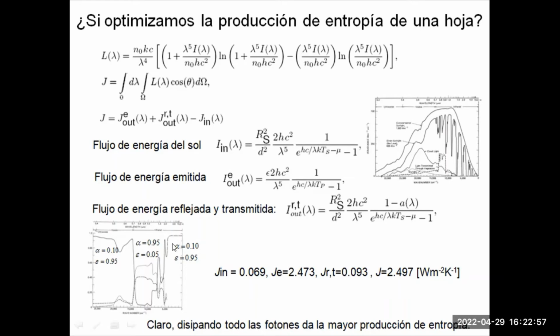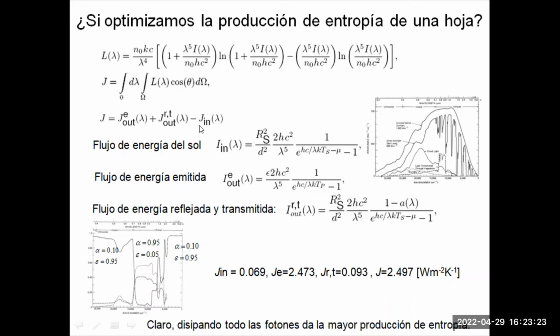So we can do the calculation of the entropy production. It's just the outgoing flow of entropy, which is due to the emission after absorption of the photons in the plant leaf, and the part which is due to reflection and transmission, minus the incident entropy of the photon beam, which is given by this spectrum.